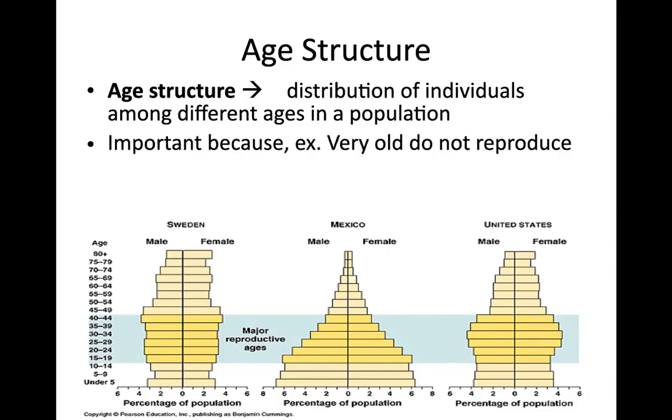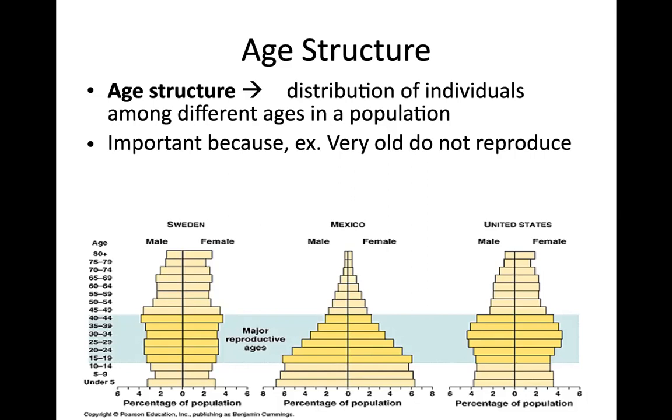Biologically speaking, these graphs are important because, for example, the very old do not reproduce. So if you see a decline in the number of individuals in the reproductive ages, that is a good indication that your population growth is slowing, and that it might be negative.